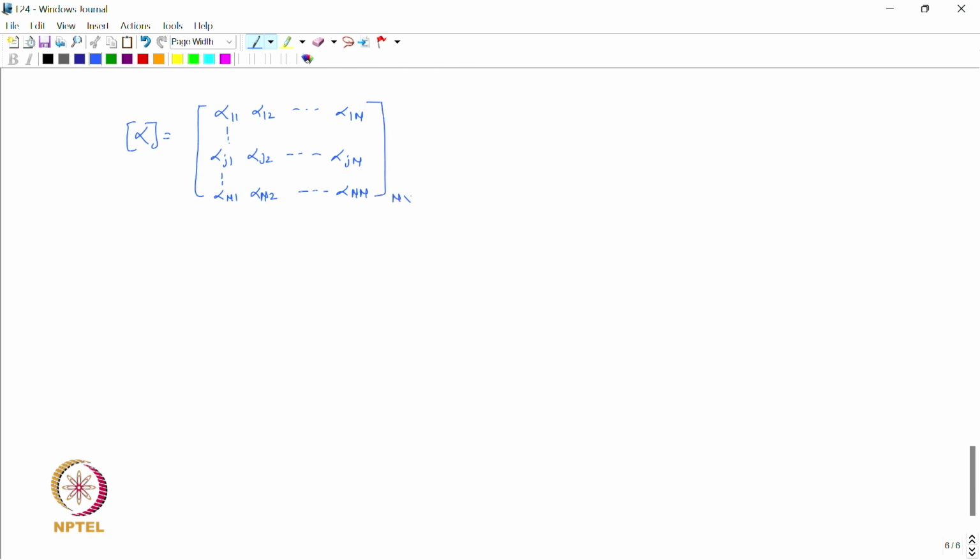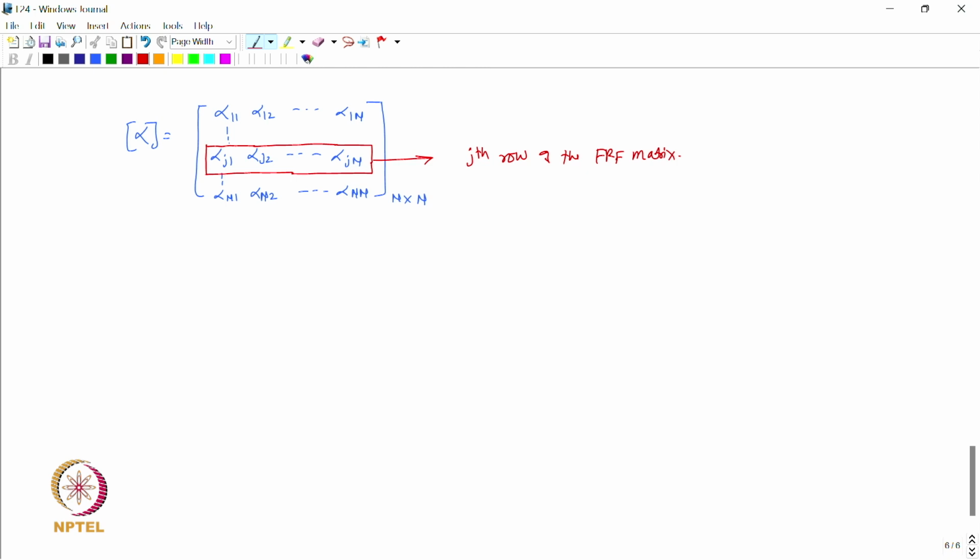This is the FRF matrix of order n by n. When we measure alpha j k with k varying from 1 to n, we are measuring the jth row of the FRF matrix.